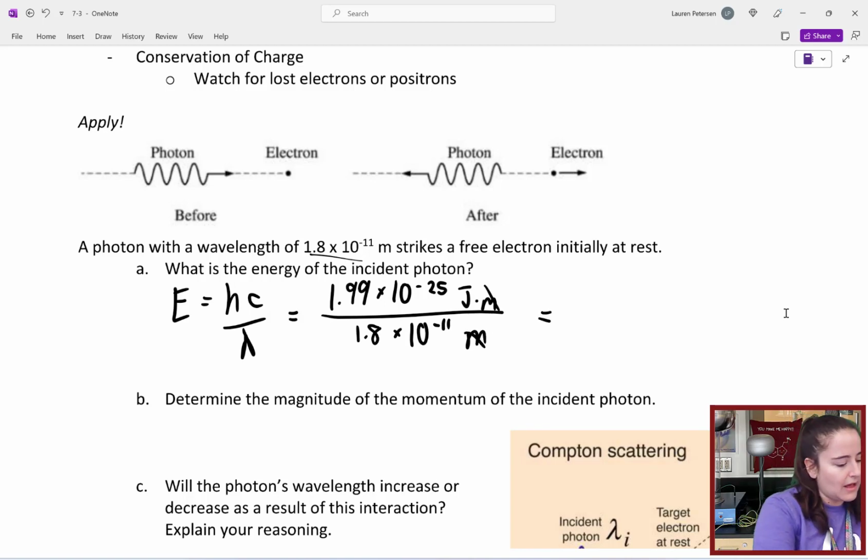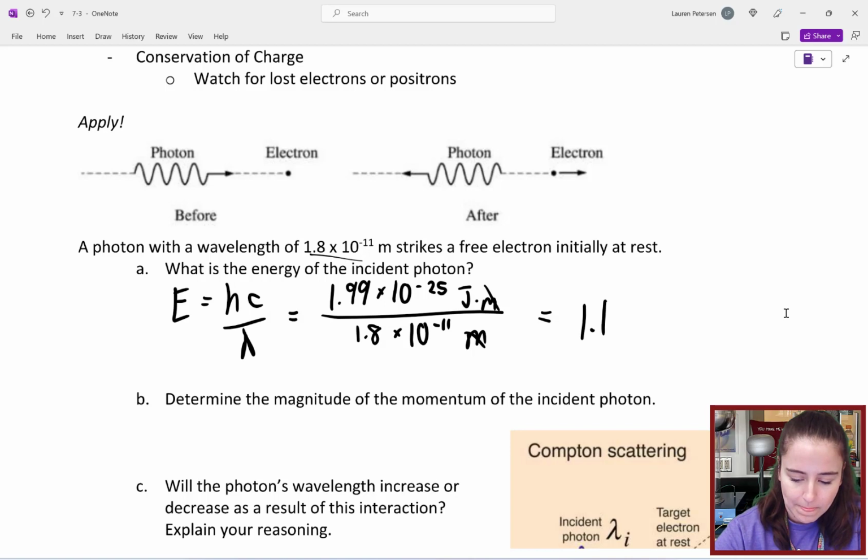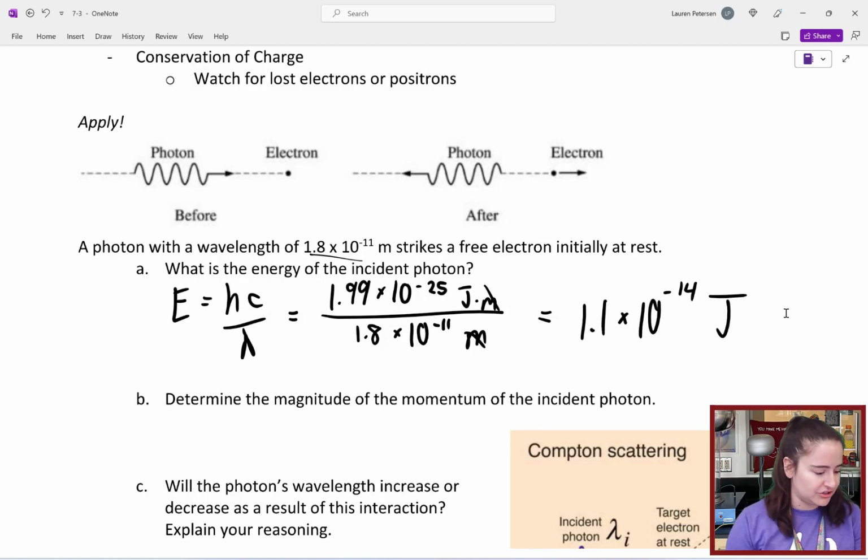Meters and meters cancel out, and we get 1.99 times 10 to the negative 25th divided by 1.8 times 10 to the negative 11. 1.1 times 10 to the negative 14 joules of energy.